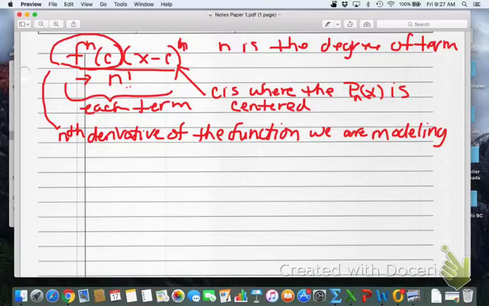So the actual coefficient is going to include, let me get a different color marker here so I can highlight it, the actual a1, a2, a3, a4, this particular part of the formula, the Taylor formula, is going to be the coefficient. And we'll use that later to determine some things.